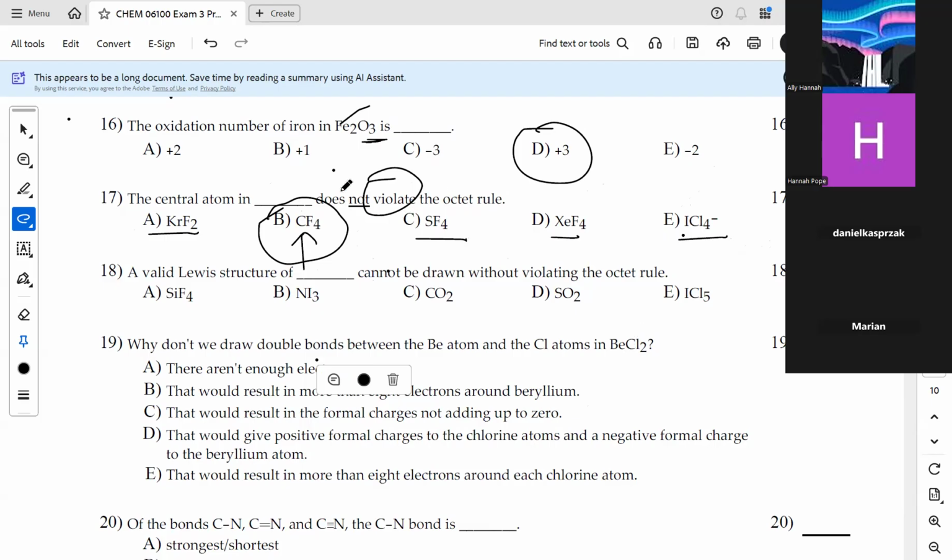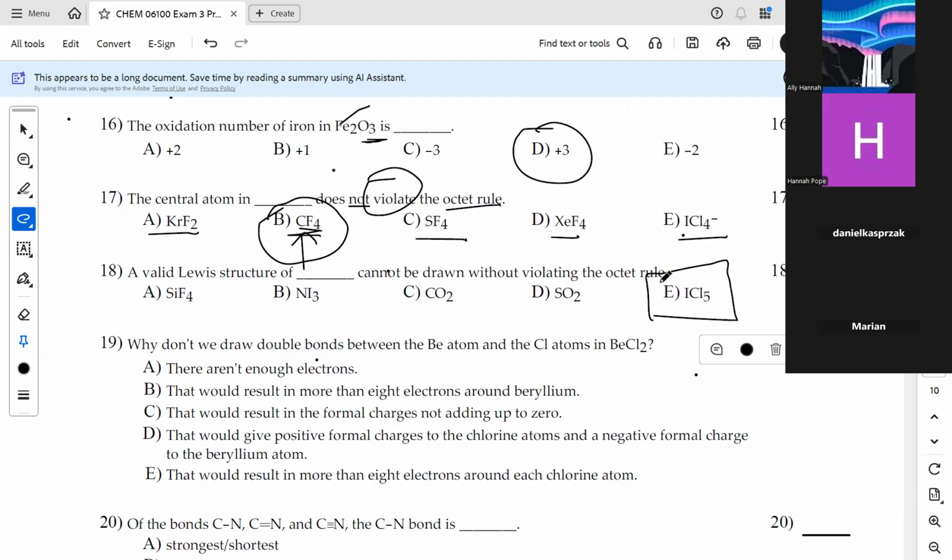All right, so look for some shortcuts when we can't violate the octet rule in period 2. Let's see here. A similar question for 18 here, but in this case it says which one cannot be drawn without violating the octet rule. So I'm going to say something that has more than 4 bonds by default has to violate the octet rule.